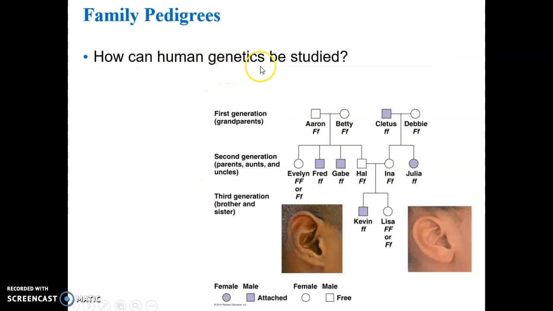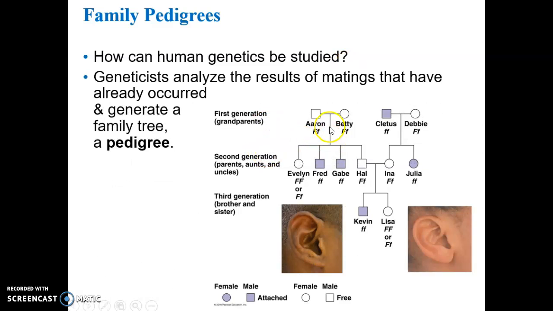So how can we study human genetics? It's not necessarily ethical or legal to have human mating experiments, but we can examine a family lineage, which is what a pedigree is. So geneticists will analyze the results of matings that have already occurred and generate a family tree or a pedigree.